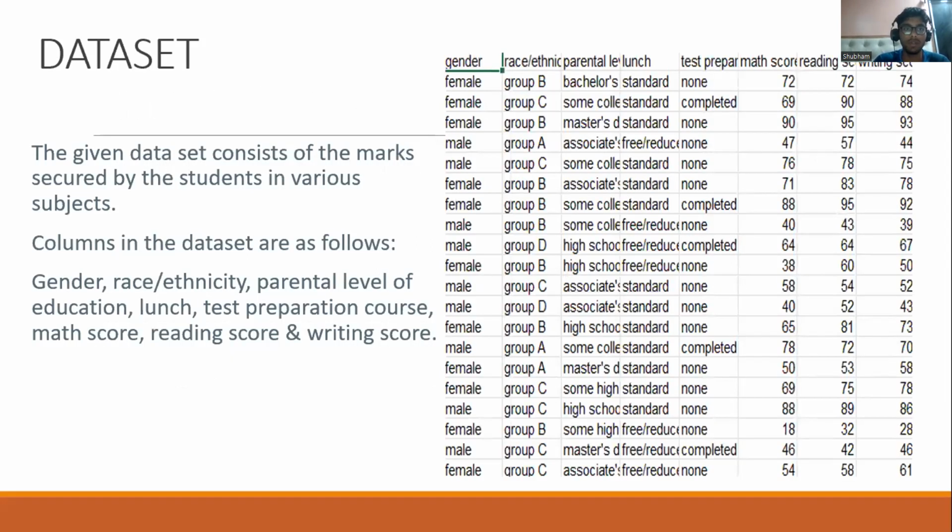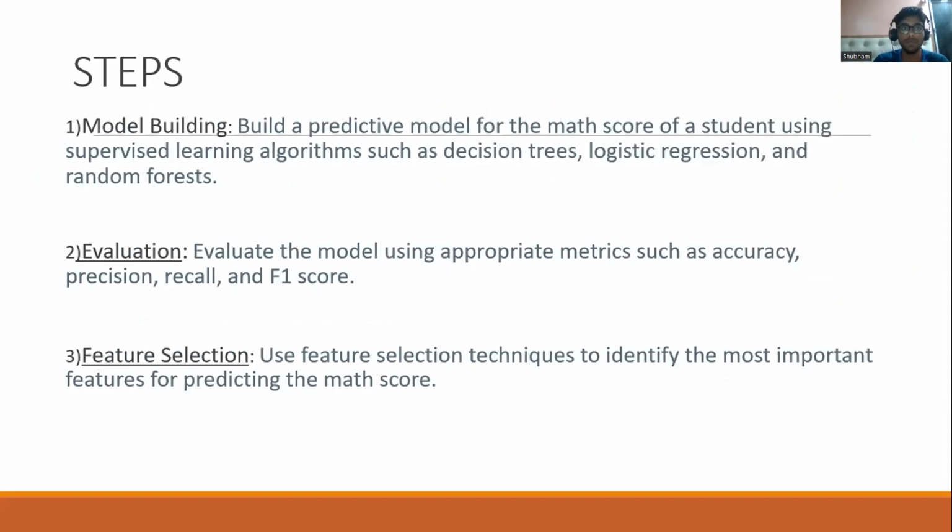The data set consists of marks secured by the students in various subjects. Columns in the dataset are gender, race or ethnicity, parental level of education, lunch, test preparation course, math score, reading score, and writing score.